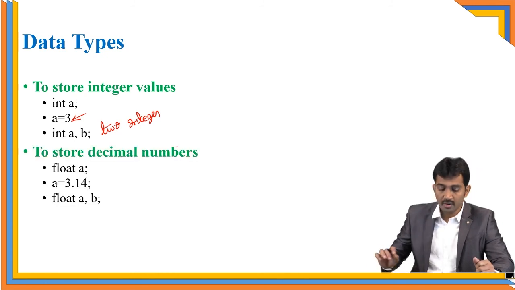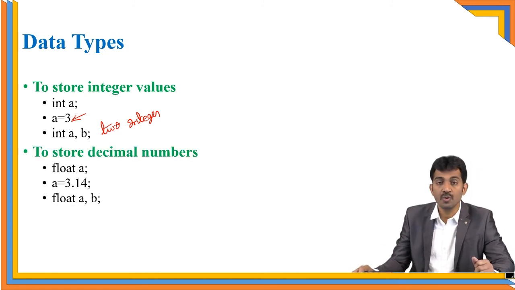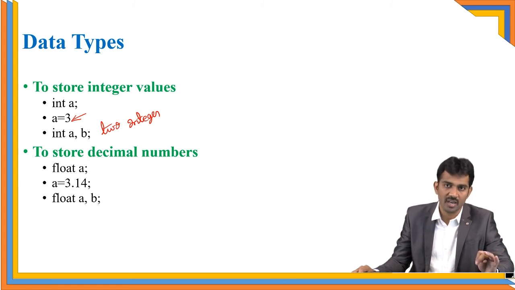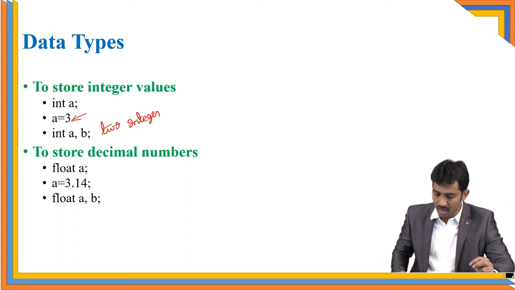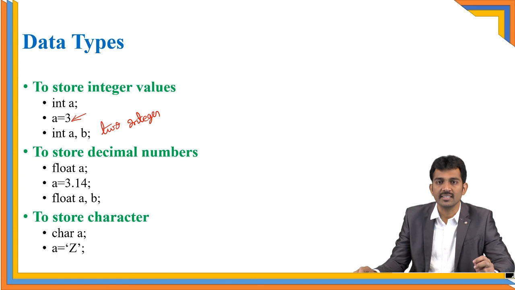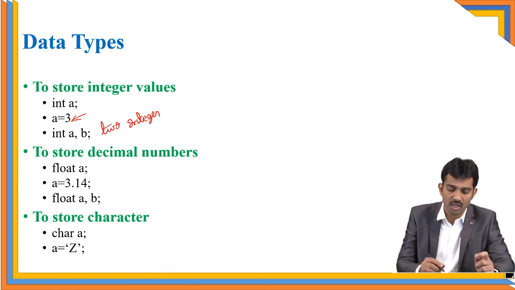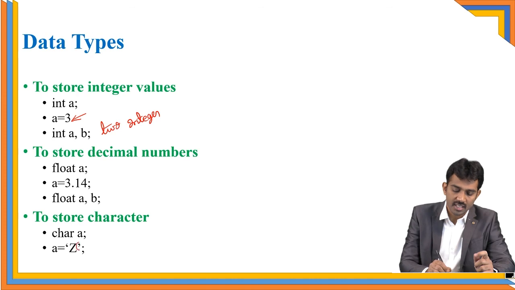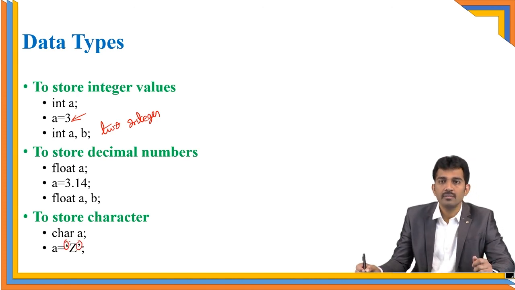To store decimal values, you should use either float or double or long double, any one you can use. Here I used float. And if you want to store a character, just now I told you a character is enclosed with single quotes.